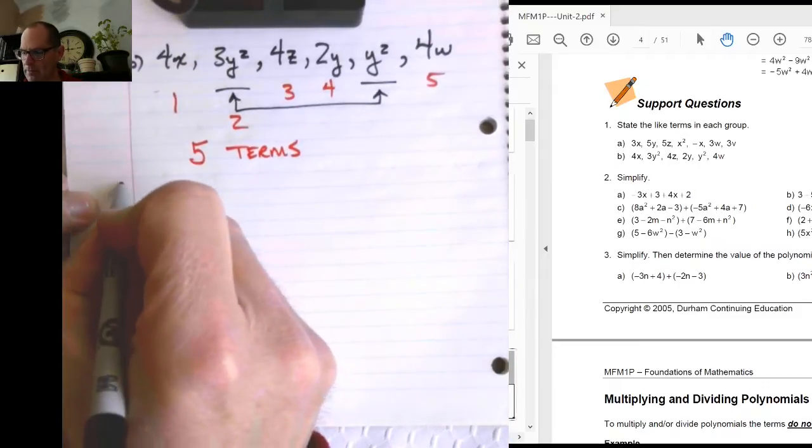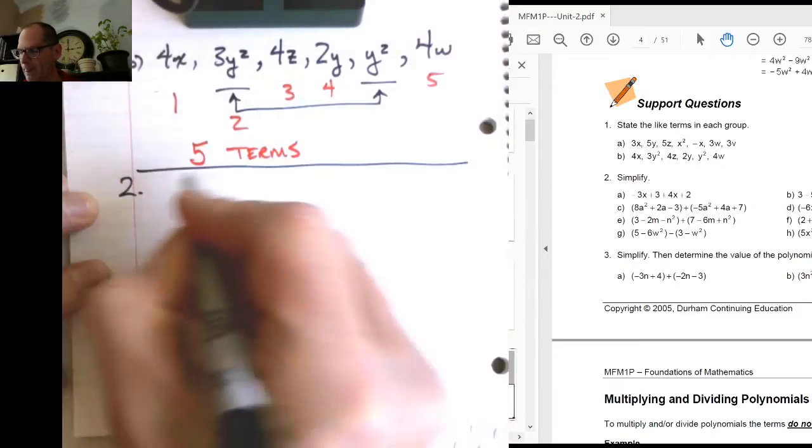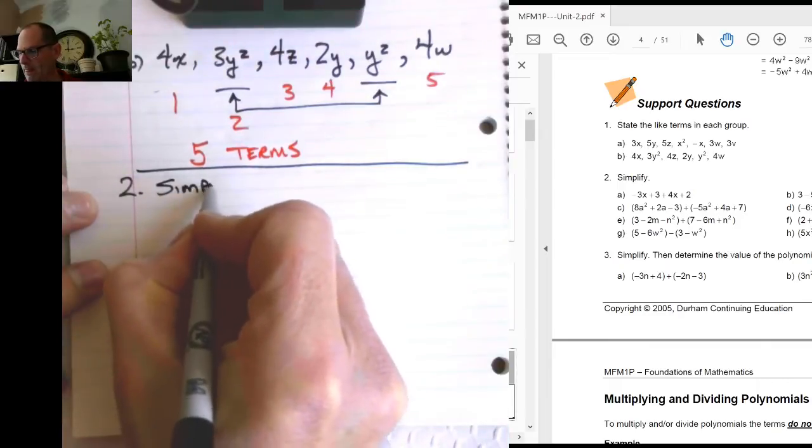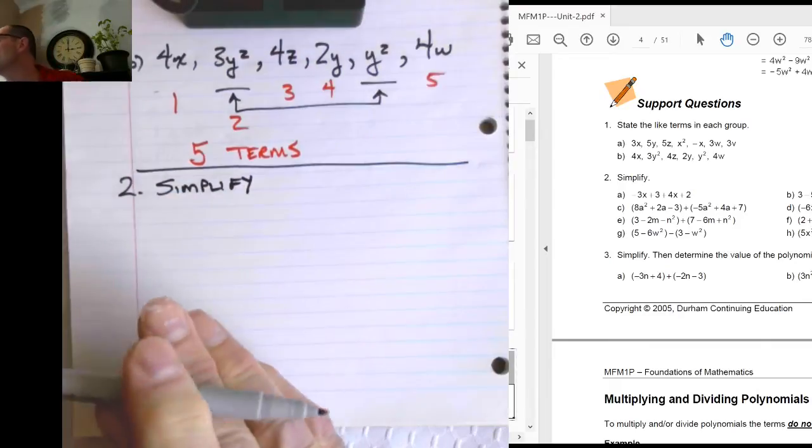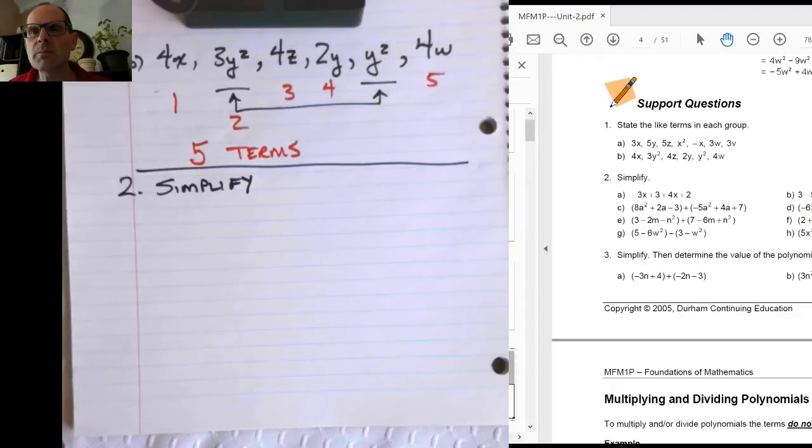Number 2 asks us to simplify. Okay, number 2 is asking us to simplify these expressions that are given to us. I just need to jump over to that question for a second, it's a little bit light. So I've got negative 3x plus 3 plus 4x plus 2.